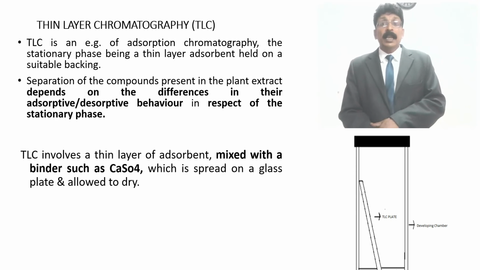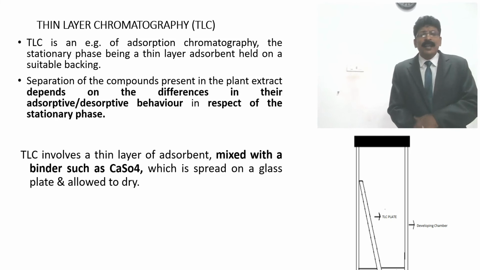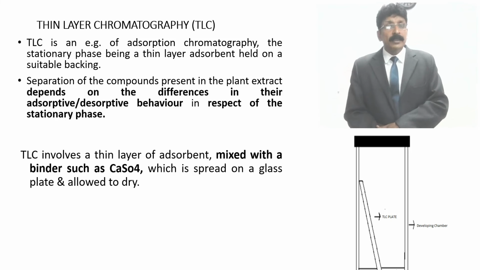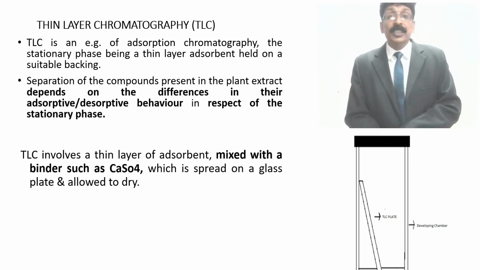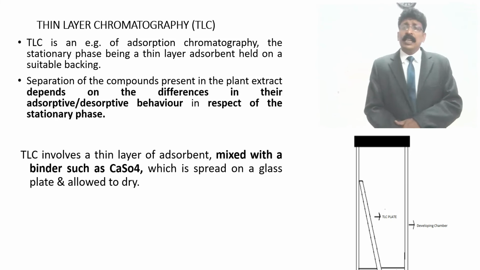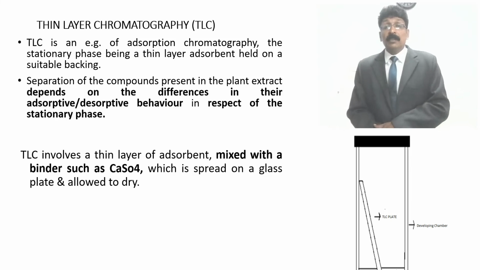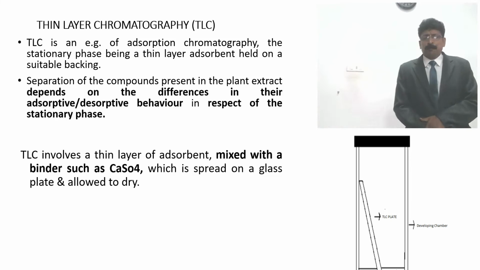Thin layer chromatography, TLC, involves a thin layer of adsorbent mixed with a binder such as calcium sulfate, that is gypsum, which is what we usually call silica gel G. G stands for gypsum. Calcium sulfate is a binder because it has to make a thin layer on a glass plate or a thin holding plate.